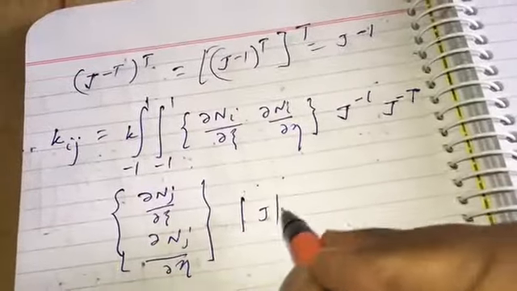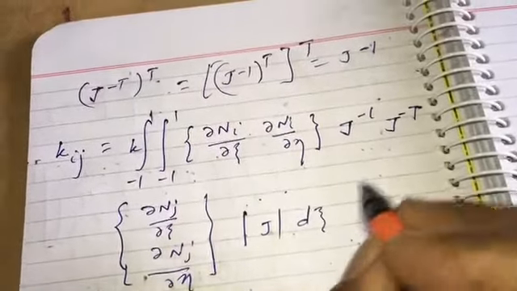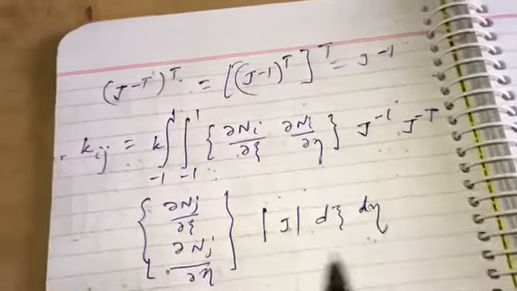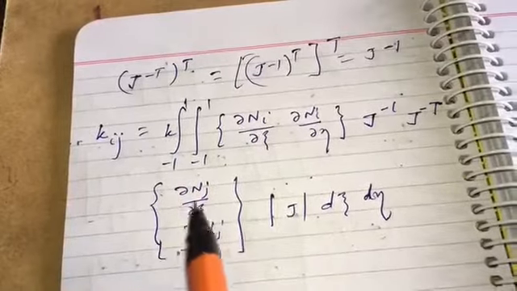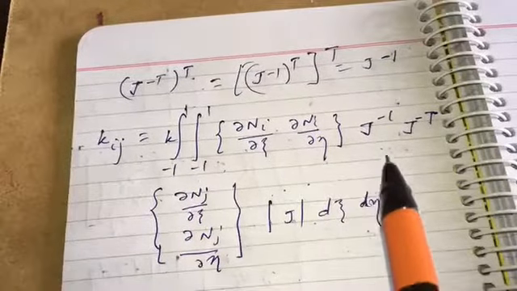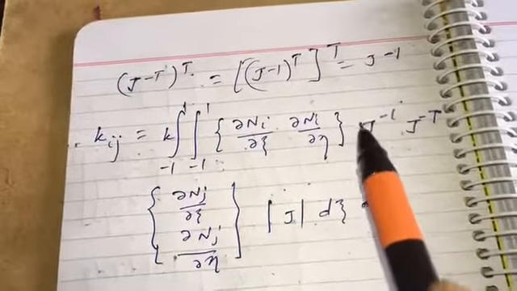Then we have the determinant of J, then d xi and d eta. So this is the final form of Kij for the 4-noded 2-dimensional isoparametric element.